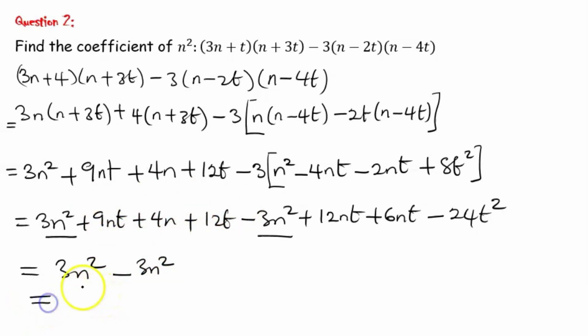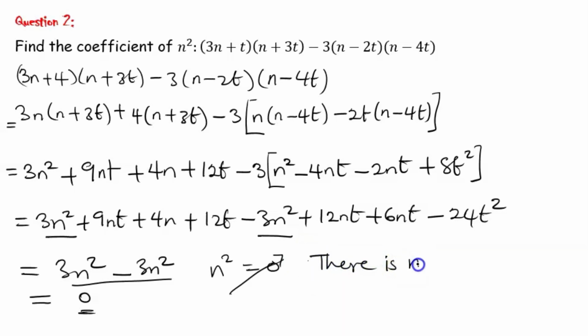When we do this, 3n squared minus 3n squared is going to give us 0. So n squared is not going to have any coefficient. We are able to see 0, because when you simplify this, n squared is knocked off. There is no coefficient for n squared, because we discovered that the square is out.